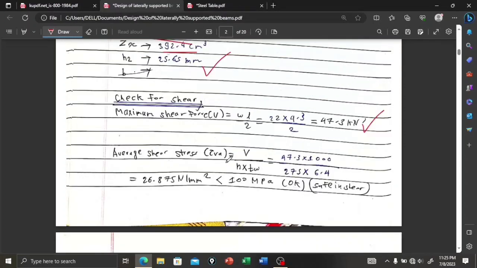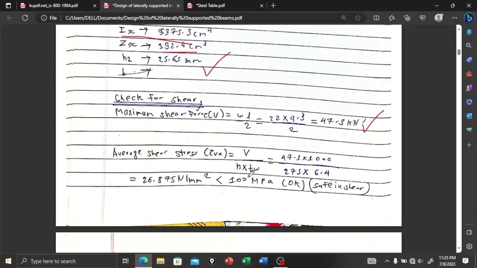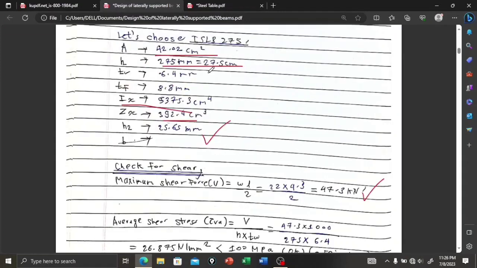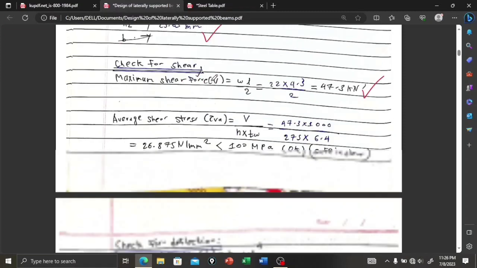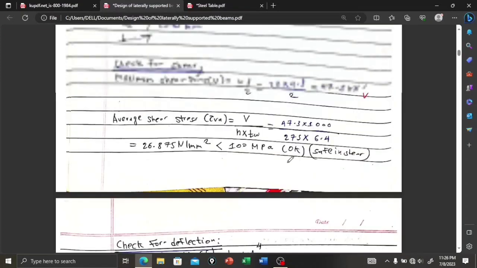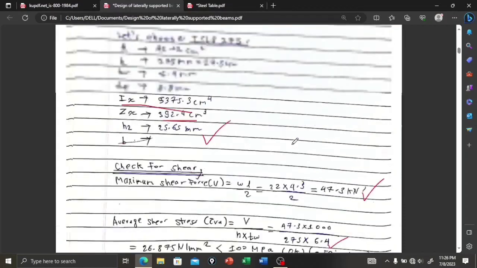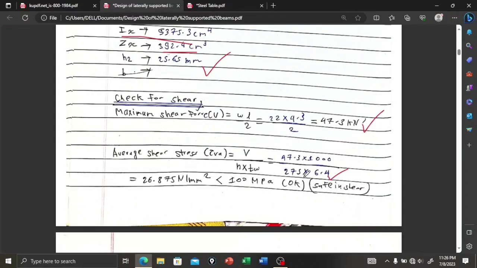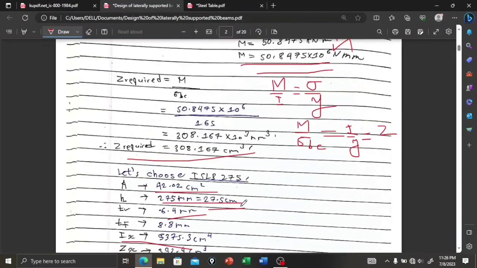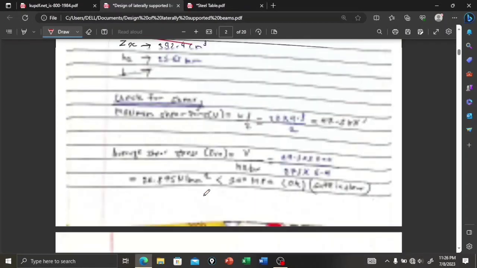Average shear stress is tau va, that is V by D times tw. V is 47.3 into 1000, and D is 27.5 and tw is 6.4. D is 275 millimeter.